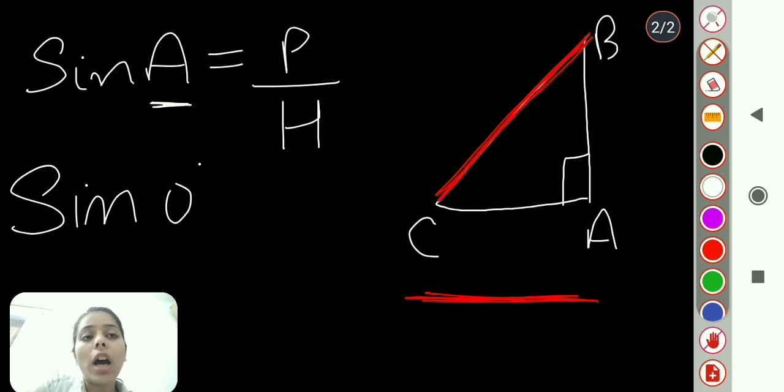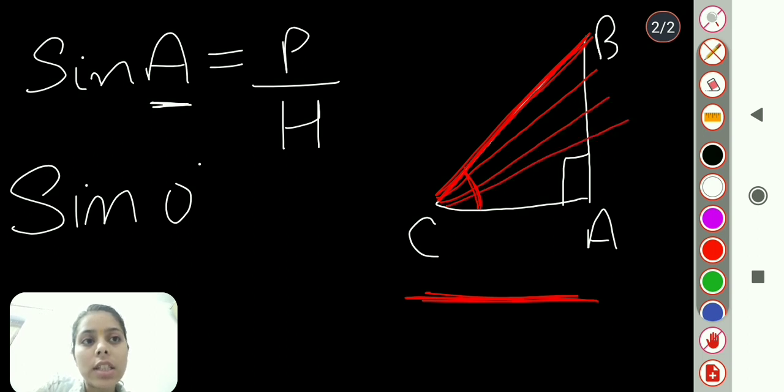Right? What I will do, this is an angle. I will reduce this angle. How can I reduce this angle? First of all, I will reduce this angle this much and then this and this. We can see there is a change in angle. At the same time, when the angle is reducing, the perpendicular, which is BA, is also reducing.